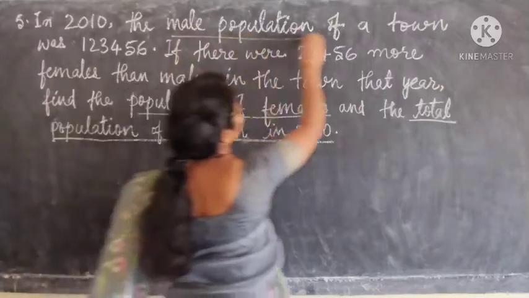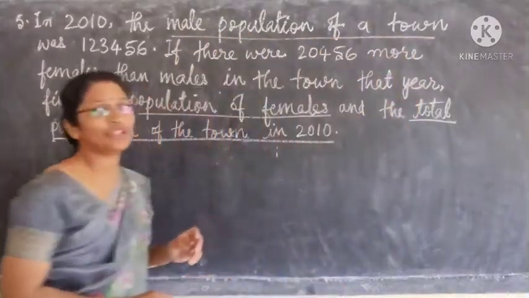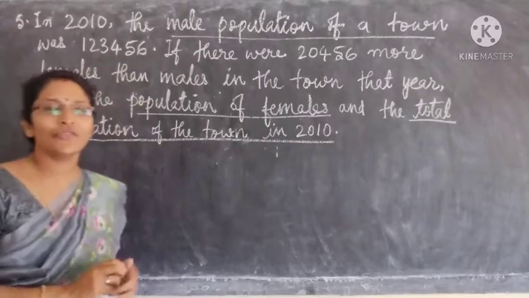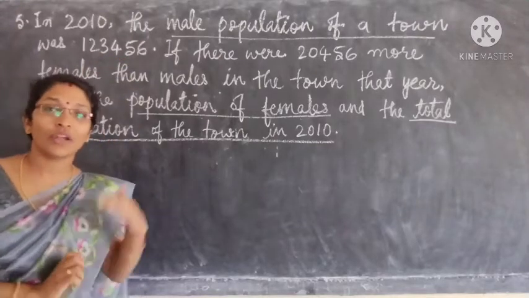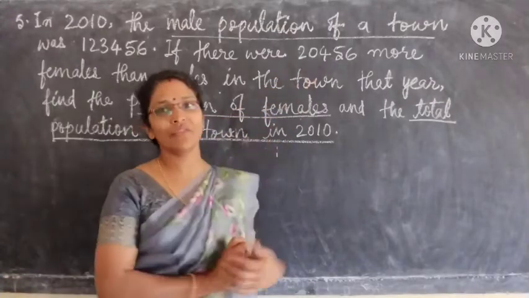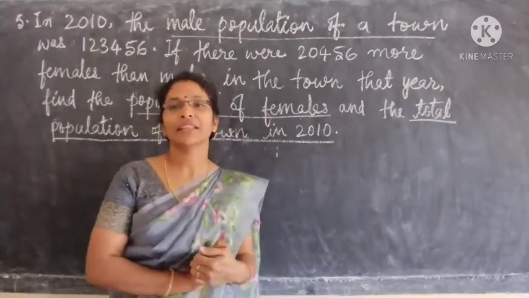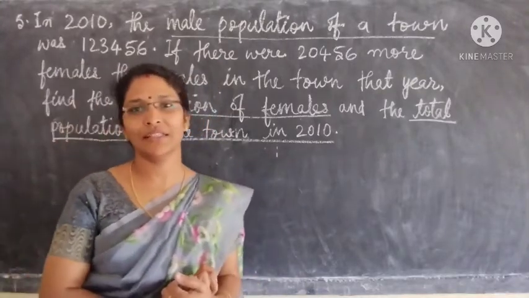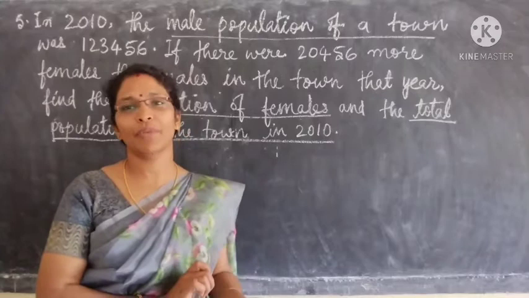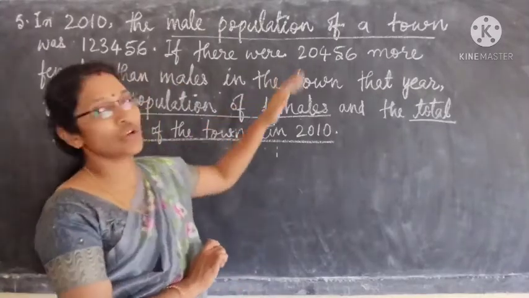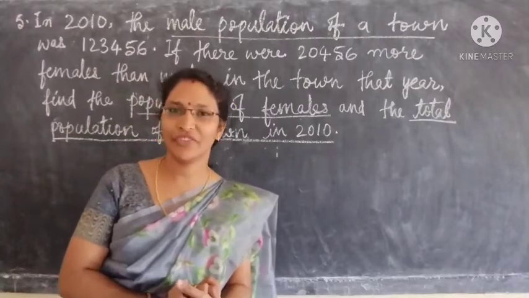The male population of a town is equal to 1,23,456. Now, what are we going to add with that? We are going to add 20,456. What is that? The number of more females than males in the town, or more number of females in the town, is equal to 20,456.